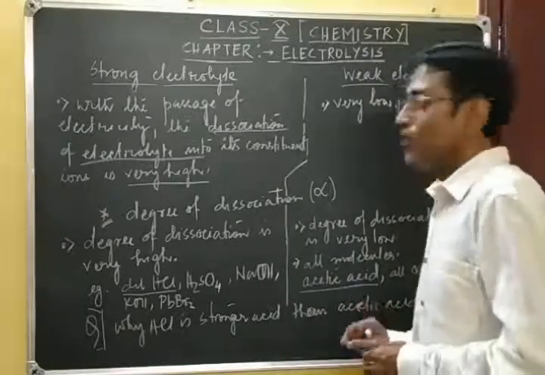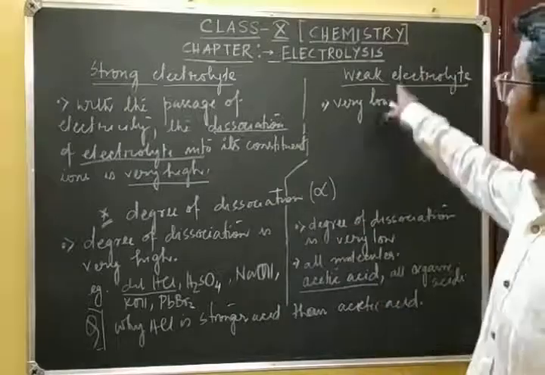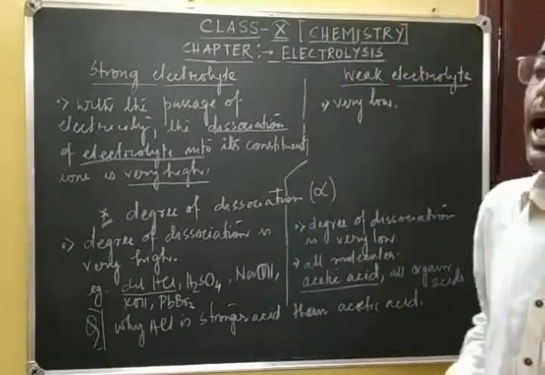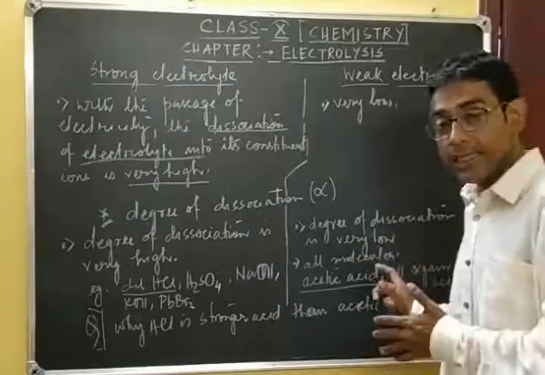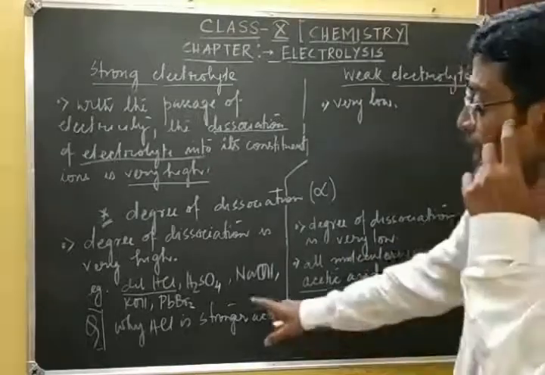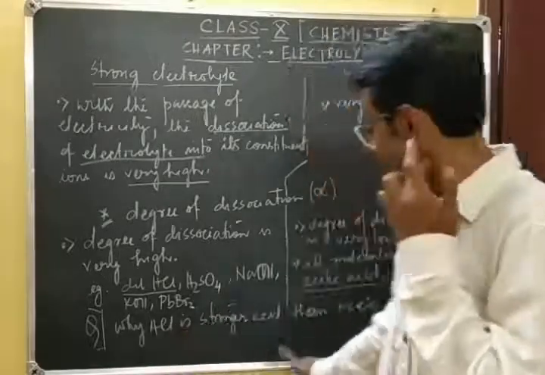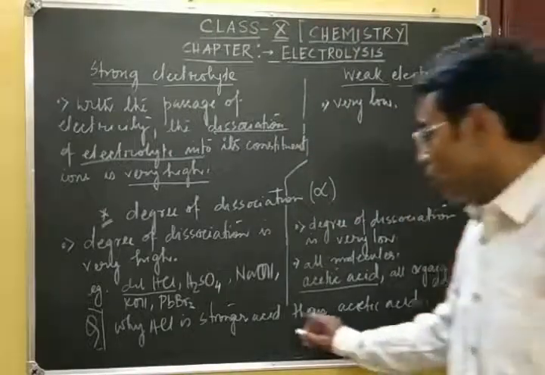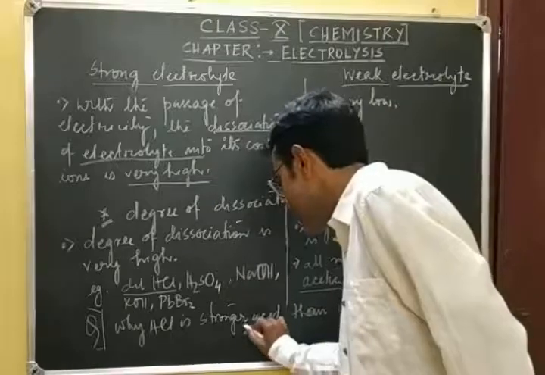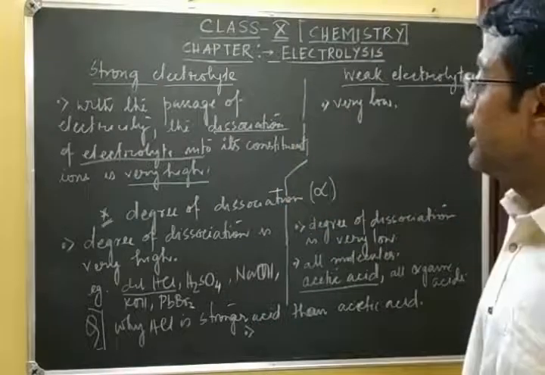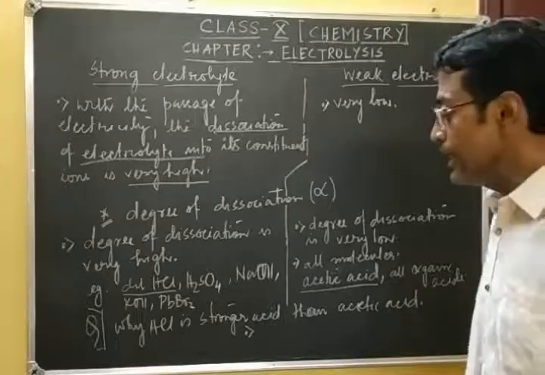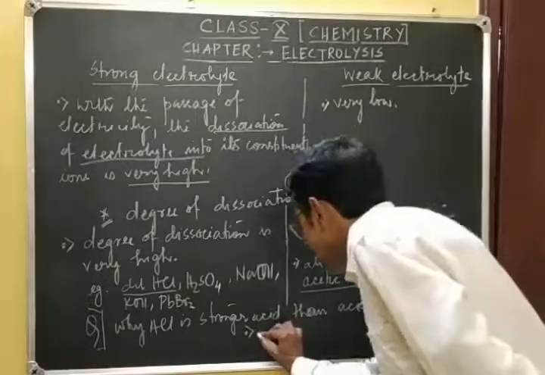But in case of acetic acid, being a weak electrolyte, it does not undergo such dissociation and cannot produce such a number of ions. Hence, HCl is a strong acid and acetic acid is a weak acid. So the key word for the answer is HCl is a strong electrolyte and acetic acid is a weak electrolyte. You should write it like this.